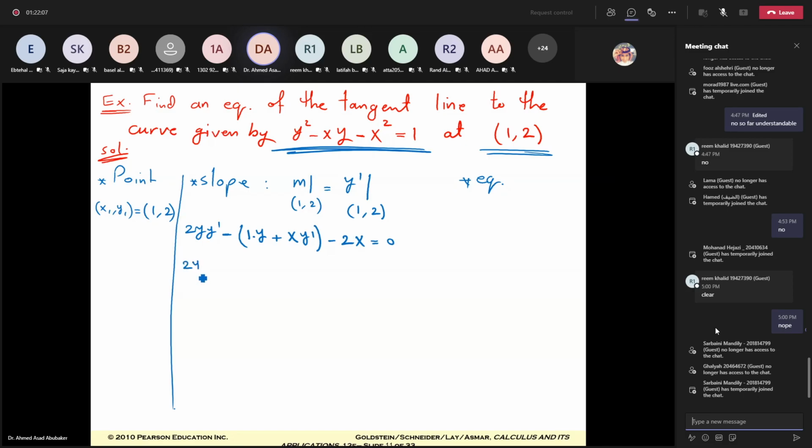So we have 2y y′ minus xy′ equals 2x plus y.